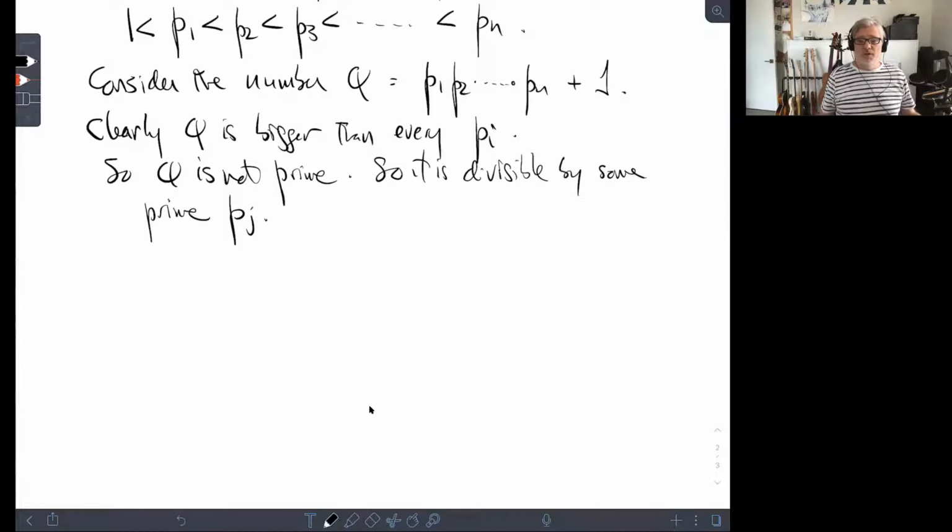If at this point you see why this is impossible, this is fantastic. If not, let me try to convince you. That's why we have that plus 1 there. But this is impossible.